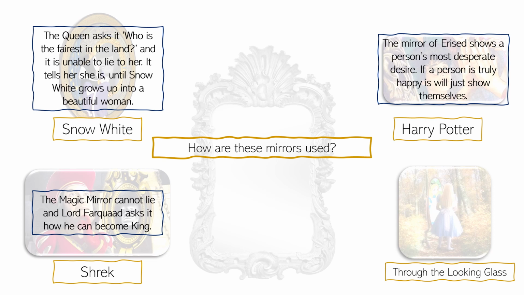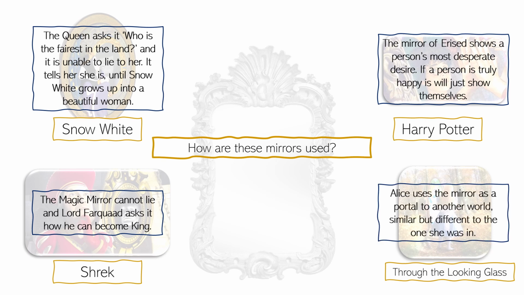Okay, Alice Through the Looking Glass then. Think of your key vocabulary. How is Alice Through the Looking Glass using a mirror? It's a portal to another world. She steps through the looking glass to another world that's similar but very different to the one she was in.